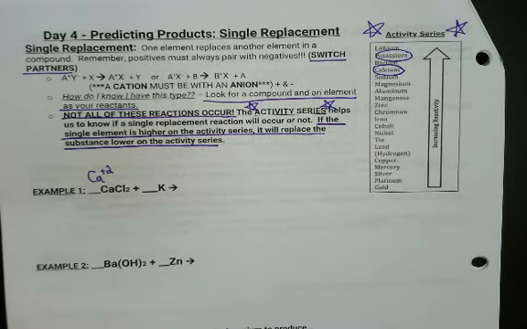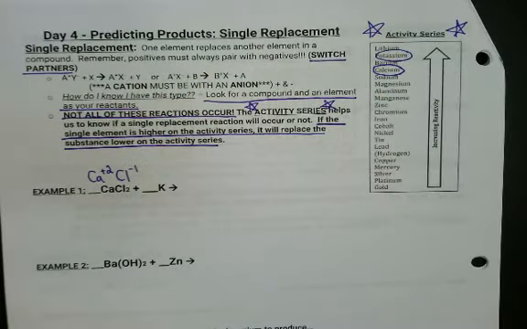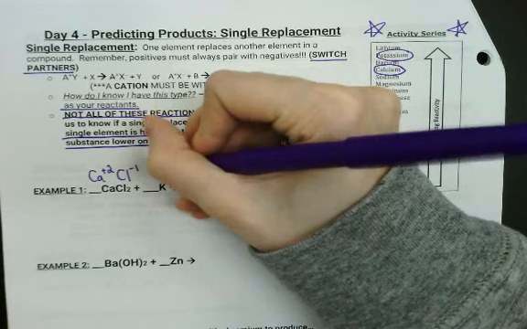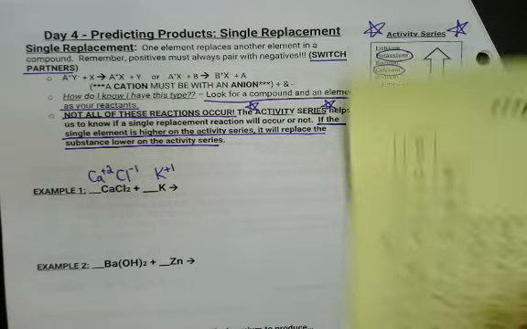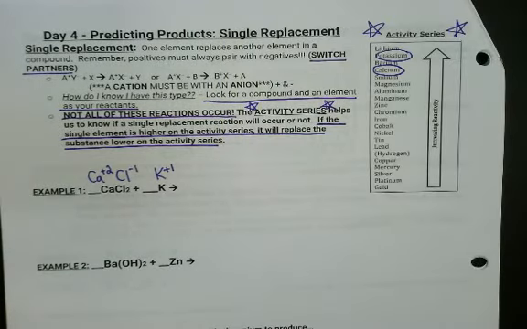Calcium is a group 2 element, so it is going to have a charge of +2. Chlorine is a group 17 element, so it's going to have a charge of -1. And potassium, likewise, is a group 1 element, so it is going to have that +1 charge.